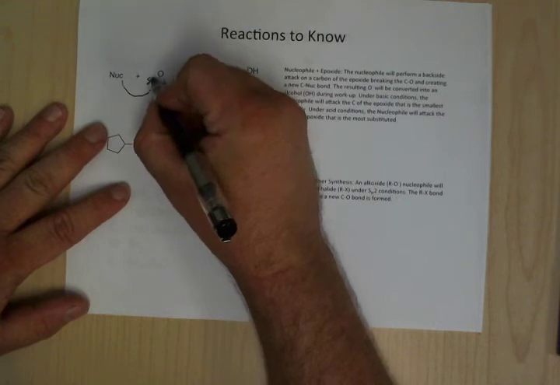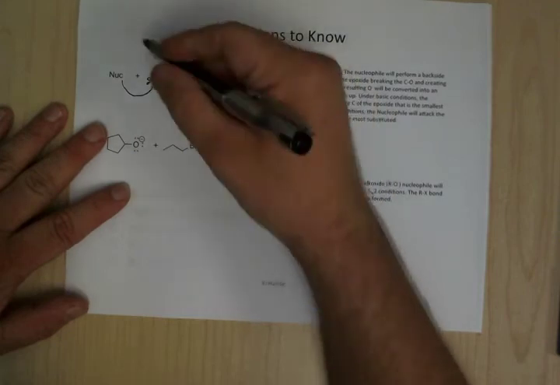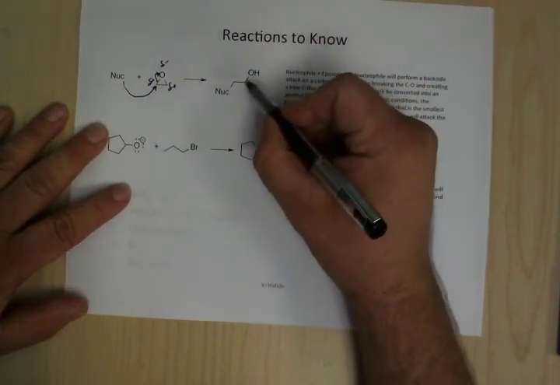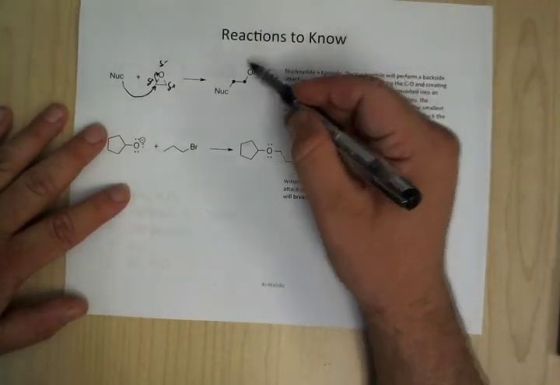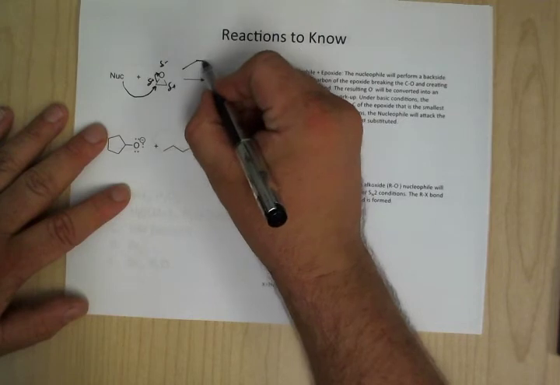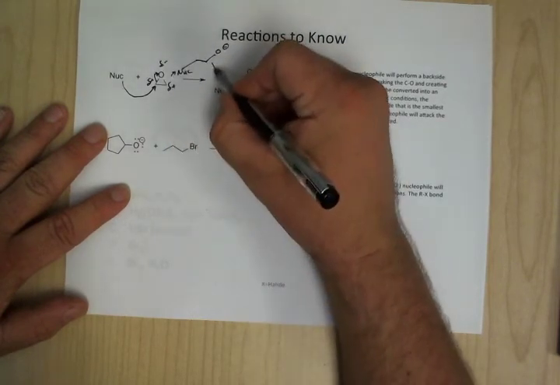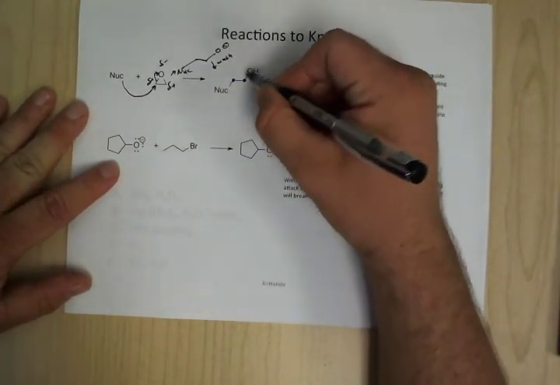This is partial positive, partial negative, partial positive. Let's say here, and then that's going to break here, but the oxygen is still tethered. Here are those 2 original carbons. Now it ends up making this intermediate nucleophile, but at some point during the wash, it turns into an OH.